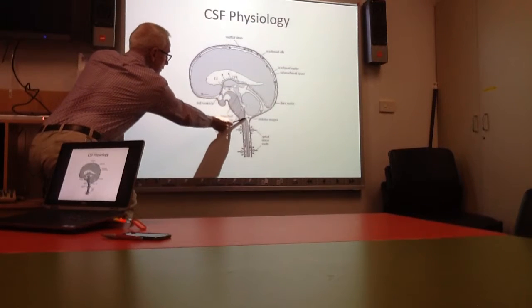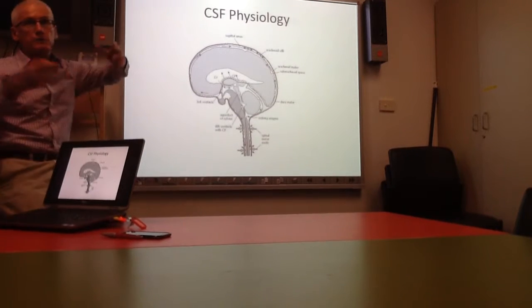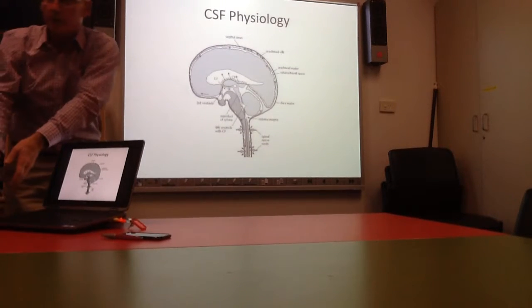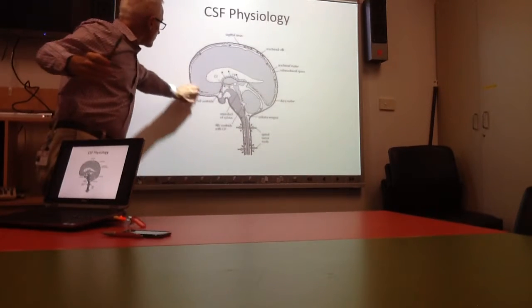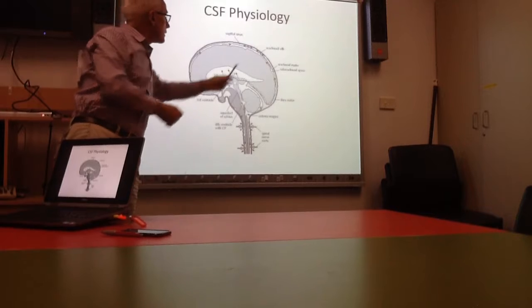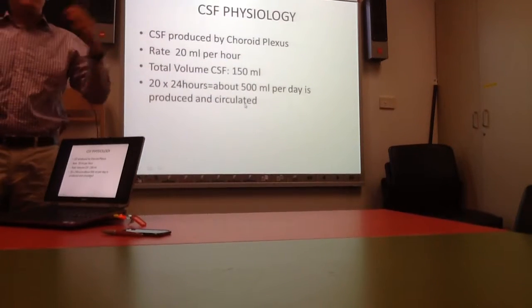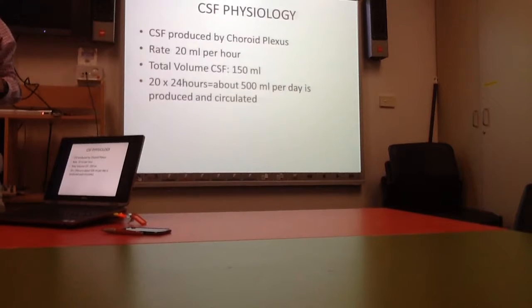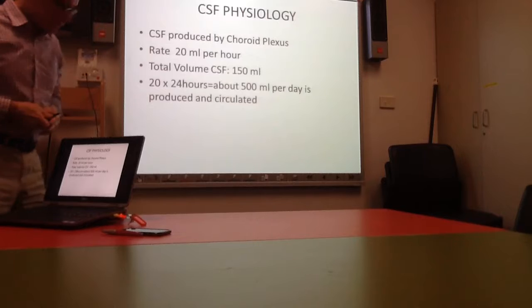The fourth ventricle, the outlets from the fourth ventricle, and the CSF then disperses both down over the spinal cord, and up over the cerebral hemispheres, and it's reabsorbed in the arachnoid villi, and it returns into the sagittal sinus, and it's reabsorbed into the circulation.